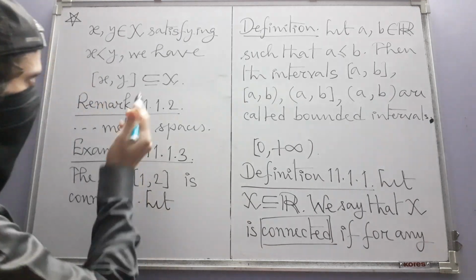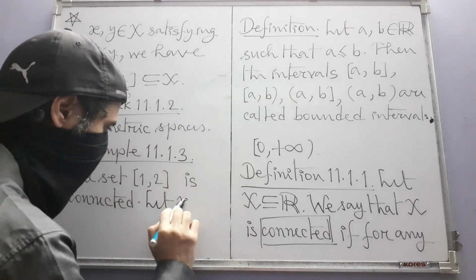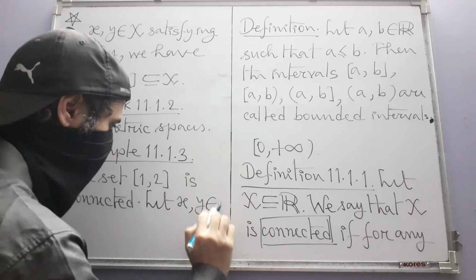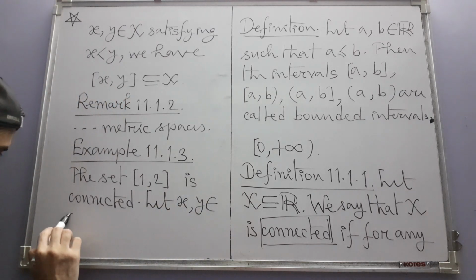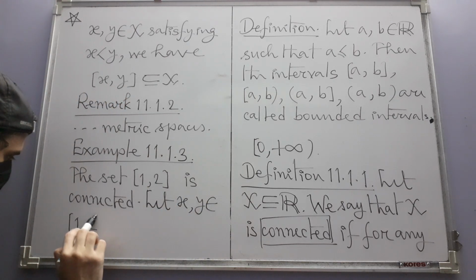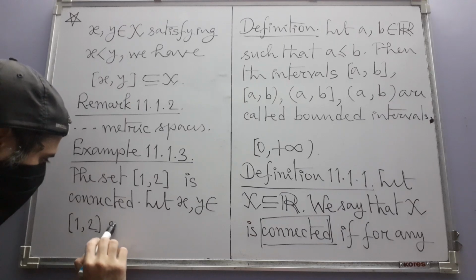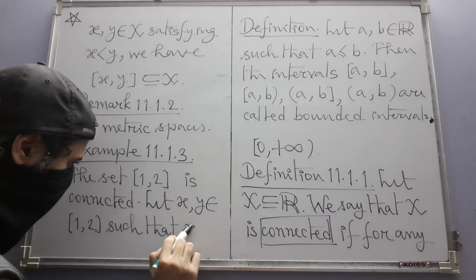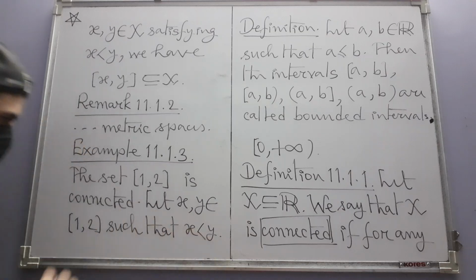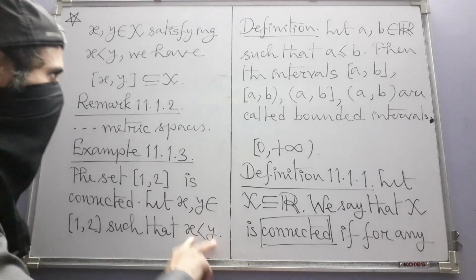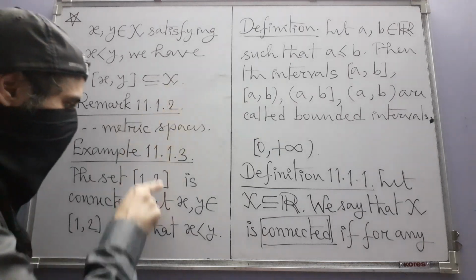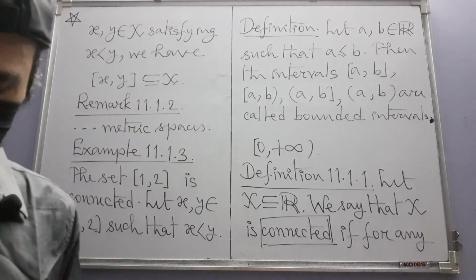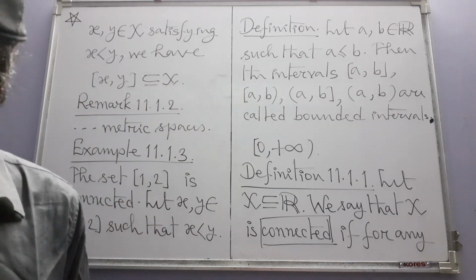If we simply apply the definition, we need to consider two elements x and y in 1 comma 2 such that x is less than y. Our aim is to show that the closed interval x comma y is contained in 1 comma 2.